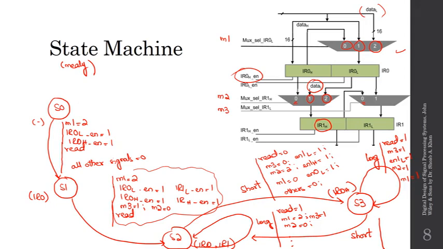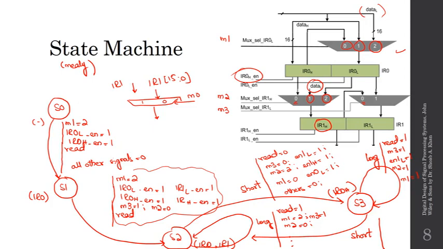One signal which I have not considered here was the multiplexer required at the end after IR1. So if I add that multiplexer here, we will have a signal M0, 0 and 1. 16 bits either will be going, or the complete IR1 will be going.